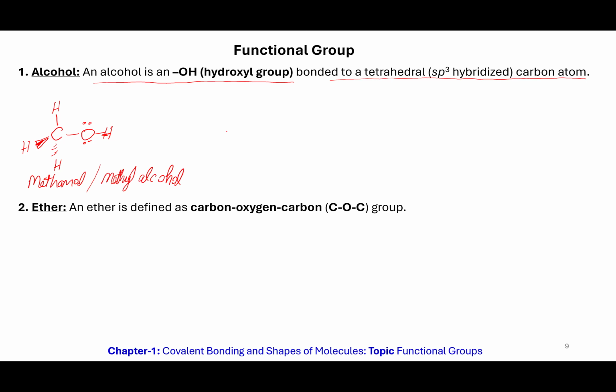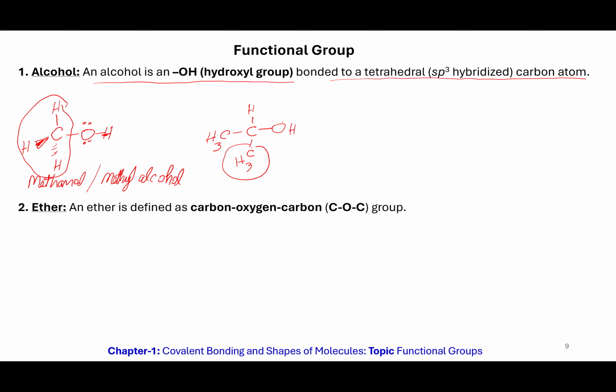Another example is isopropanol. I'm writing all these CH3 in the short form, CH3, CH, and then here we can write another carbon like CH3 once again. So this CH3 is a short form of this CH3 portion, and then OH.